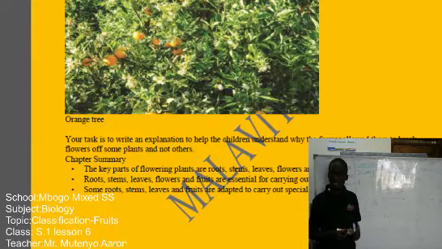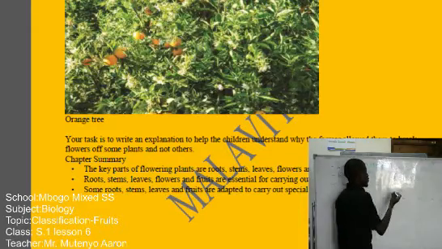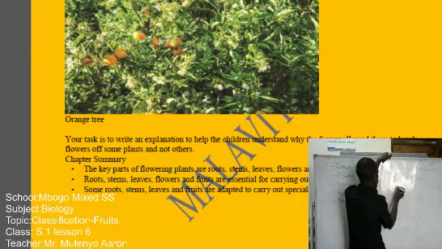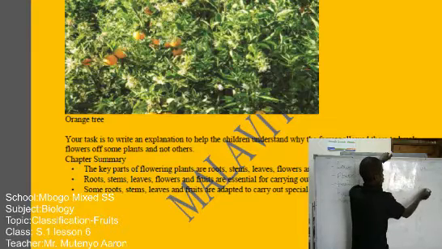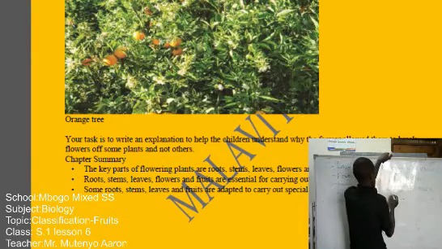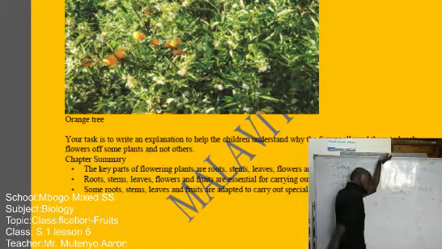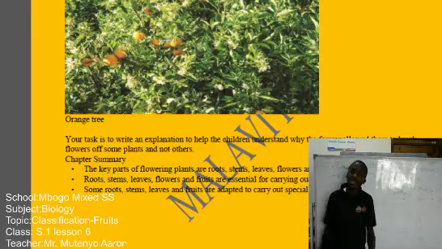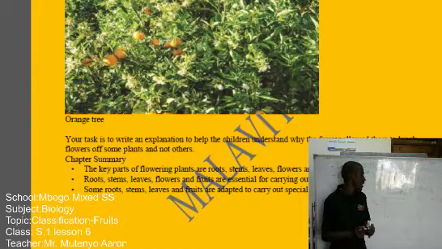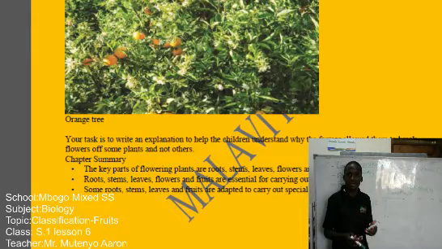Then think about the environment. How are these fruits important? Yes, they are important to animals, a source of food to animals. Have you ever wondered why a monkey likes a ripe banana? A gorilla, they like bananas. You see, they are an important source of food to them.